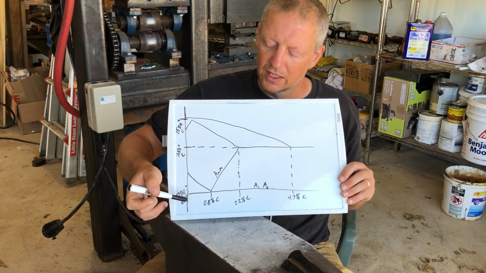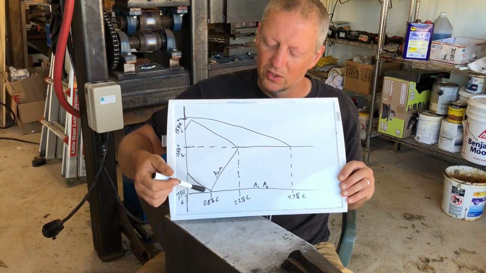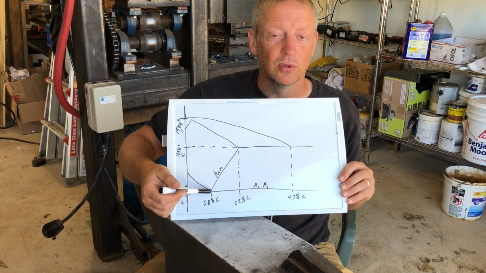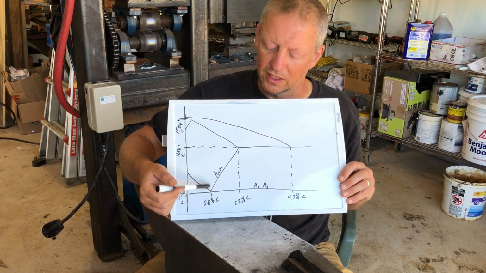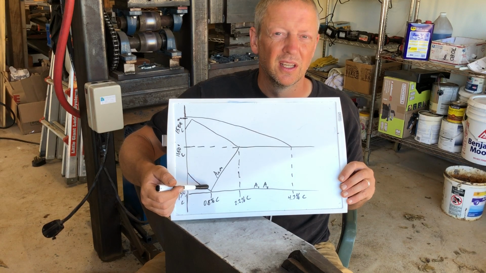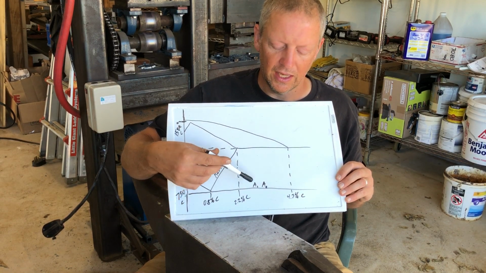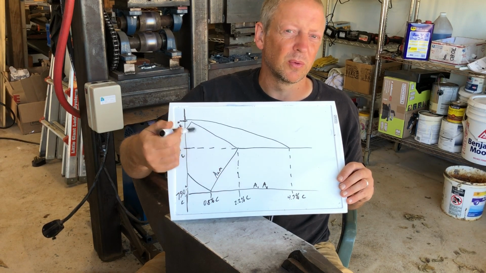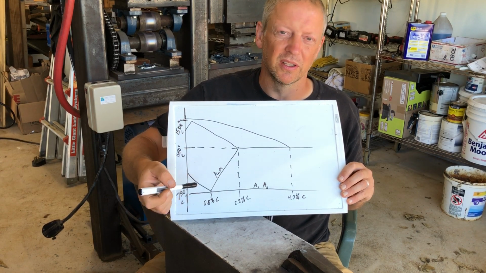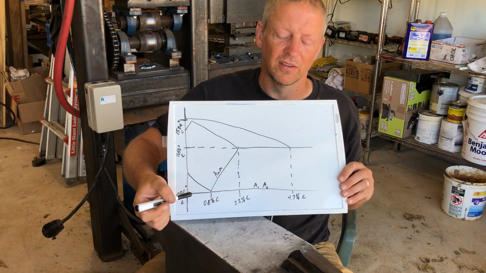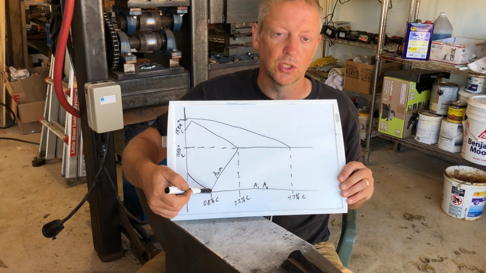So what happens as you hit this temperature, let's say we're cooling and we hit critical, otherwise known as A1 and A2. Depends on whether you're heating or cooling. Heating, I believe, is A1. Cooling is A2. So as we're coming down, we hit A2.